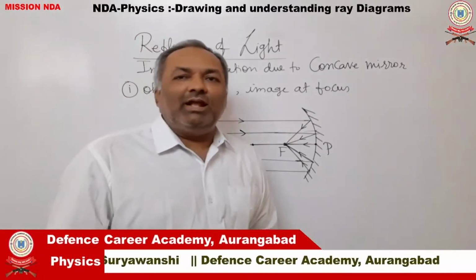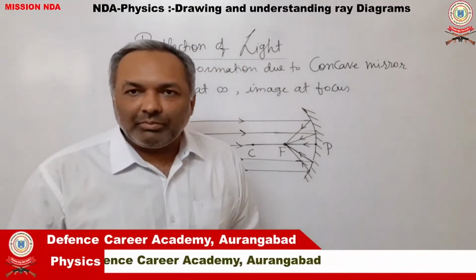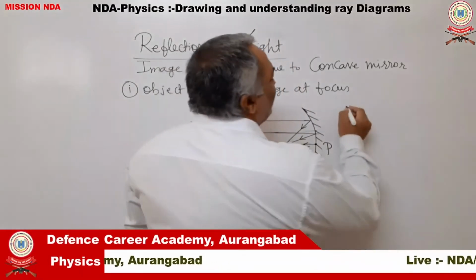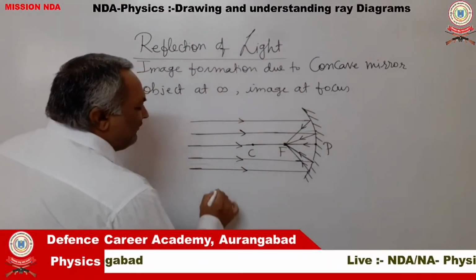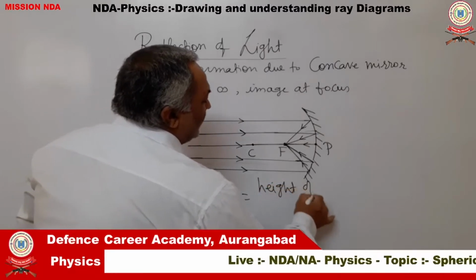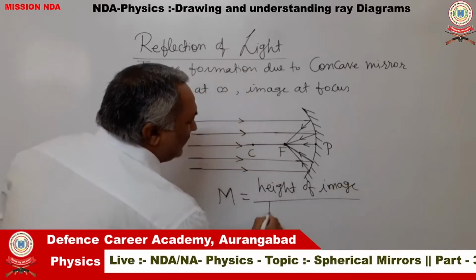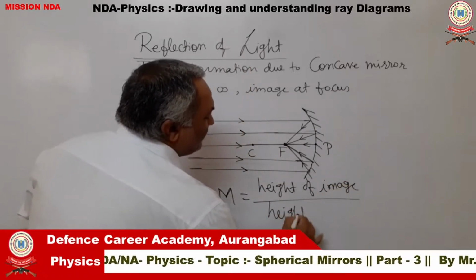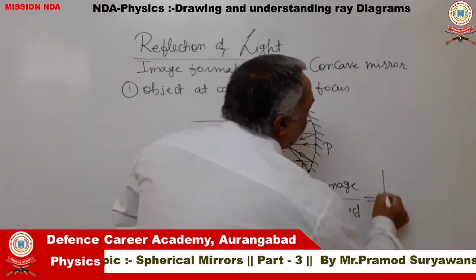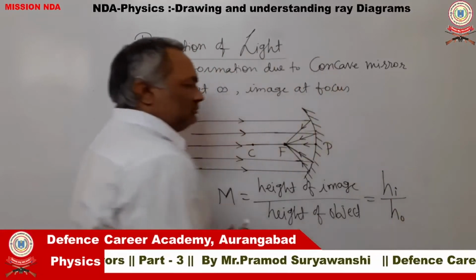Then we consider another important quantity here, called magnification. On a fundamental level, magnification is the ratio of height of image to height of object. In short, you can denote it by HI divided by HO.